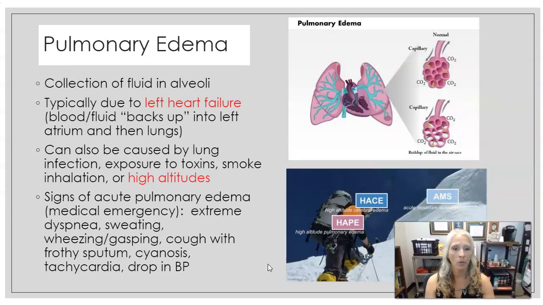They really don't know. I mean, it has to be related to the partial pressure of gases within your lungs, but they don't know the exact cause of the pulmonary edema from high altitudes. You can also get it from other things as well, but remember that the primary cause is left heart failure.